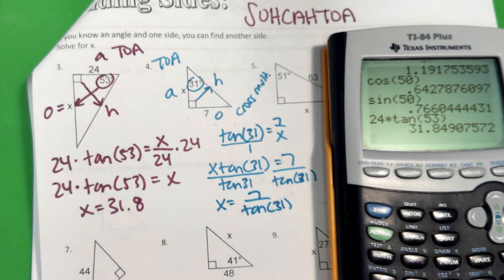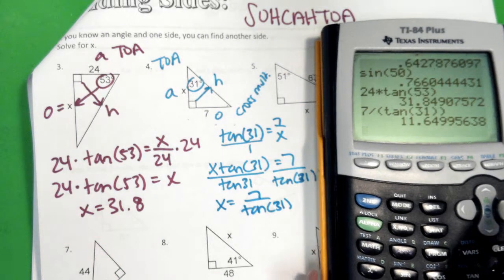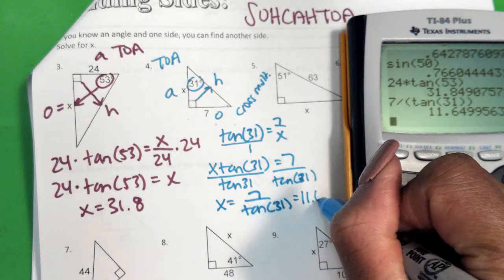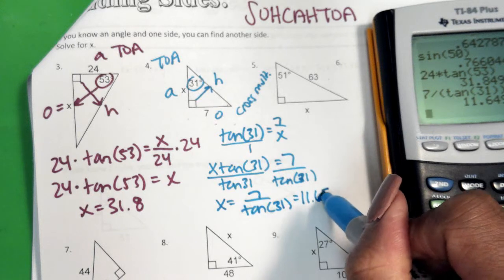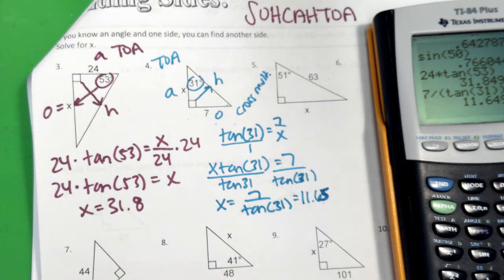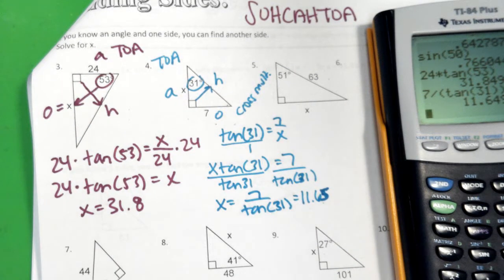Okay. So I have 7 divided by, and it always helps to use parentheses, tangent of 31, close your parentheses, and I'm left with 11.65. So you can always cross multiply in this case, or your shortcut is to switch your x and your tan of 31.